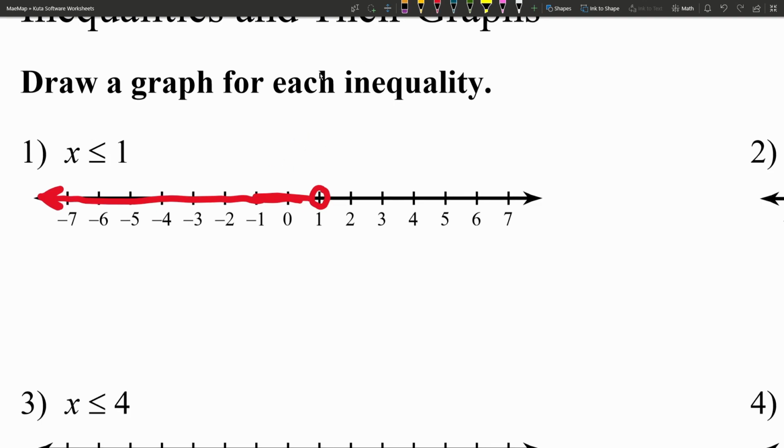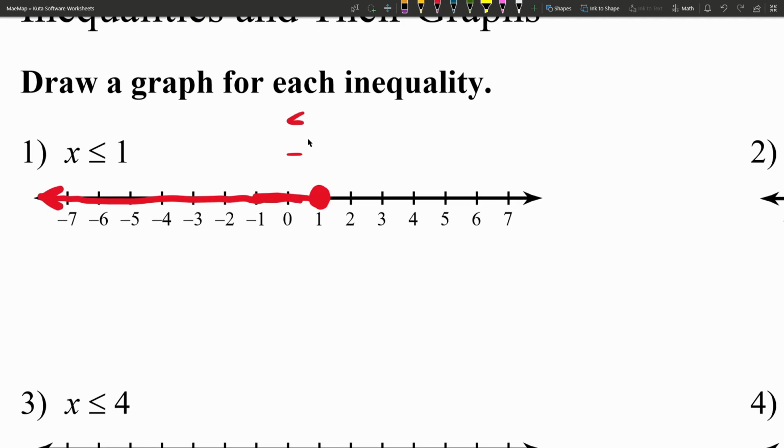So because it's less than or equal to, where we circled around that 1, x can be that value, so we just shade in that circle. Whenever you see these less than or equal to or greater than or equal to signs with the line underneath, we need to shade in the circle. If it's just less than or greater than, we leave it as an open circle.